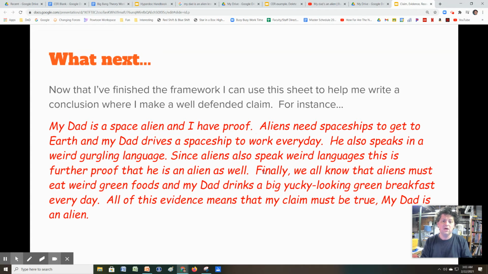So what next? Well, now that I've finished the framework, I can use that sheet to help me write a conclusion where I make a very well-defended claim. For instance, my dad is a space alien and I have proof. Aliens need spaceships to get to Earth, and my dad drives a spaceship to work every day. He also speaks in a weird gurgling language.